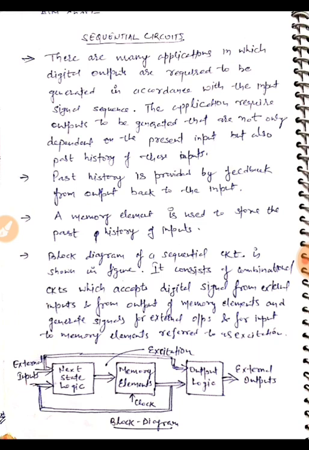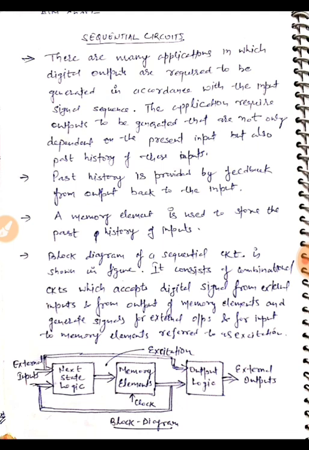So let's start. Today's topic is flip-flop. First of all, we need to understand why we use flip-flops. So we need to understand sequential circuits first. We have already studied combinational circuits. So what were combinational circuits? In combinational circuits, the output depends on the present inputs only.